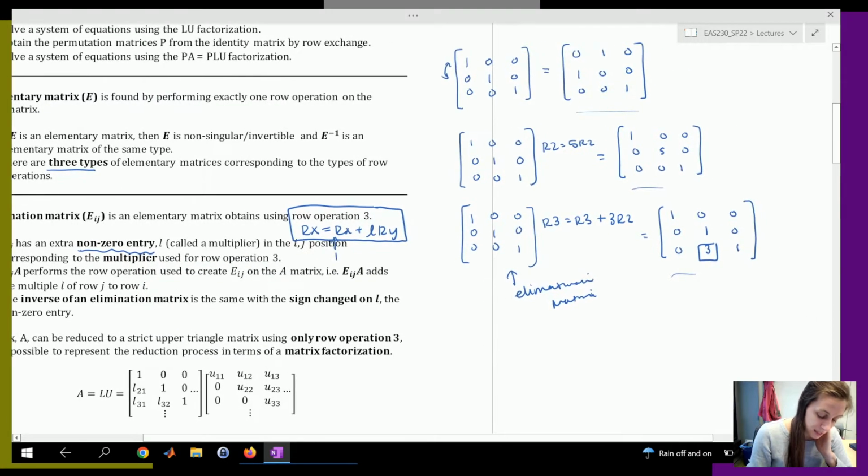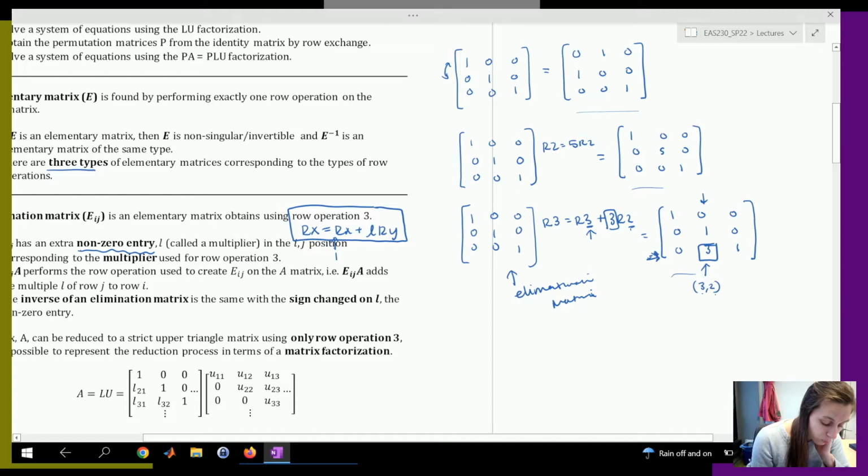So we notice there's a 3 here in the 3, 2 position. The 3 and the 2 here come from the 3 and the 2 here. I replaced row 3, so it shows up in row 3, using row 2, so it shows up in column 2. And this 3 here is exactly the same number I multiplied my row 2 by.